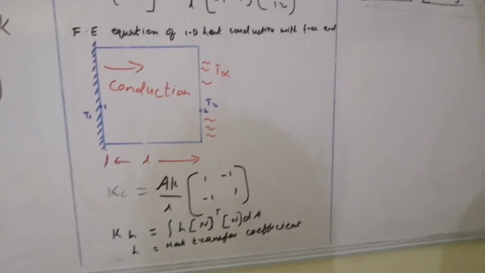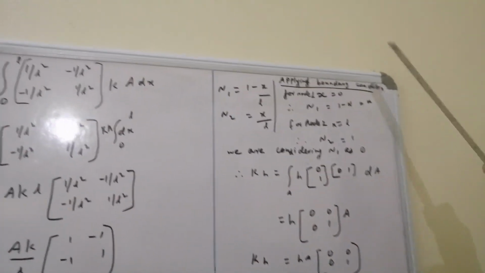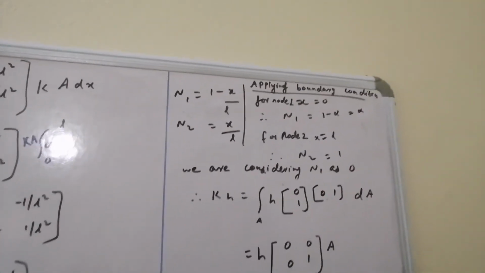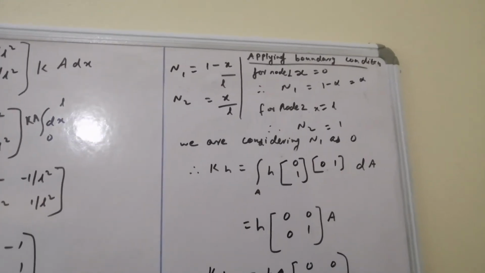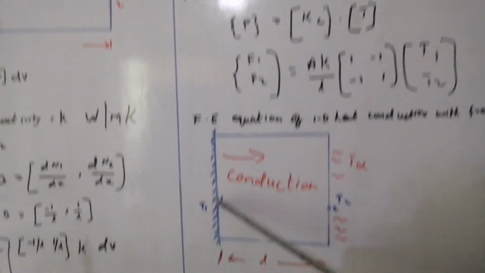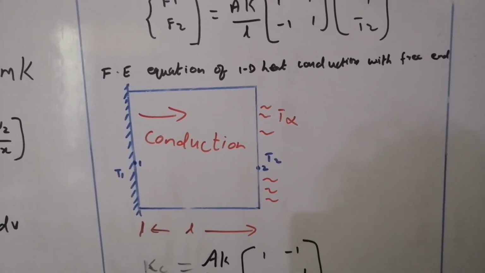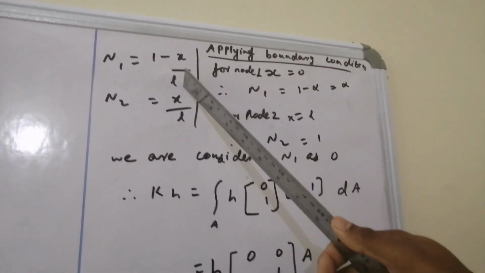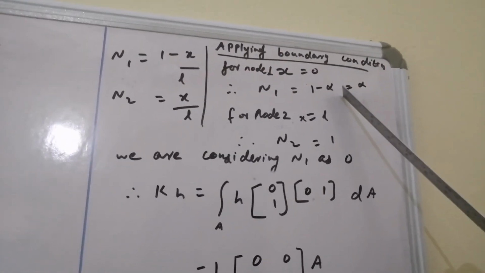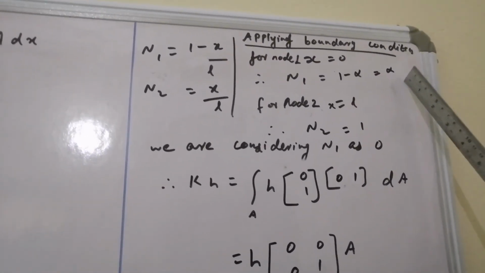And we know N1 as 1 minus x by L and N2 equals x by L, and we are applying the boundary condition. For node 1, x equals 0. While applying the x value of 0 here, we get 0 by L, so 1 minus 0, which is N1 equals 1.